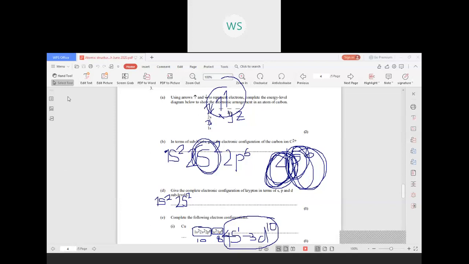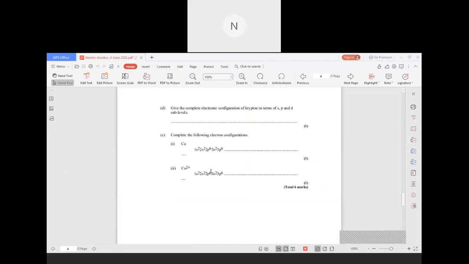Okay, and then for the subshell configuration of copper 2 plus, based on the ion and stability, it will lose electrons from the outermost shell. The outermost shell is 4s1.